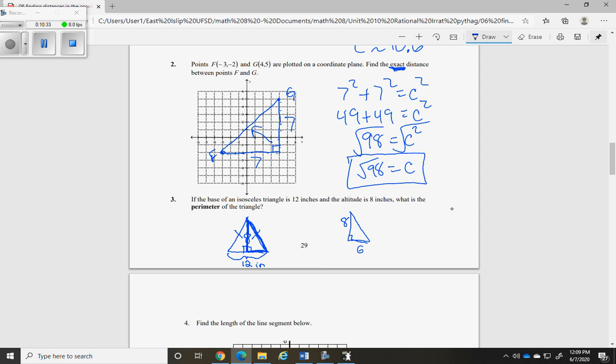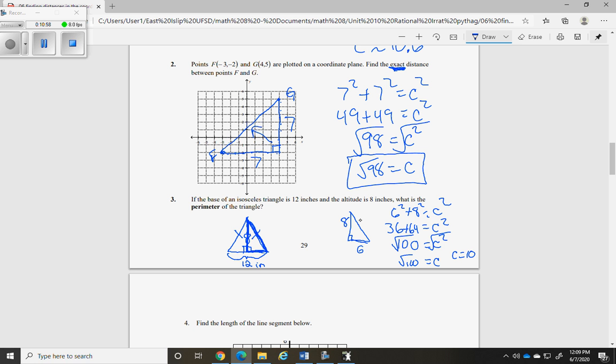So if I did the Pythagorean theorem, I would do 6 squared plus 8 squared equals c squared. So 36 plus 64. So 100 is c squared. I know that this is a perfect square. C is equal to the square root of 100, which means that C is 10.